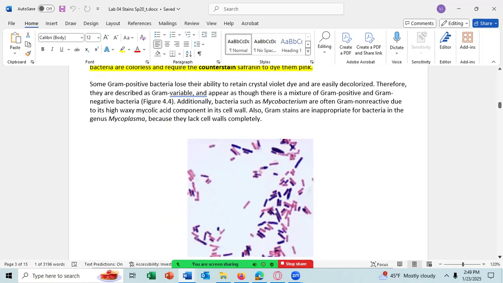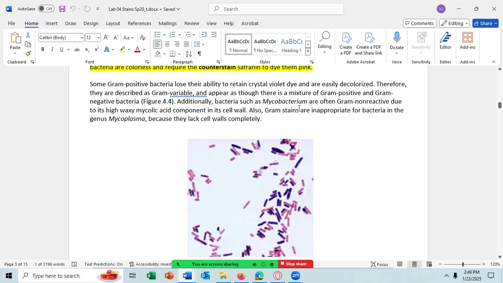All right, let me mention that some bacteria, like the mycobacterium, are not stained very well with the gram stain. The mycobacterium have mycolic acid in their cell wall, and mycolic acid does not allow water-soluble substances into the cell, and the gram stain is water-soluble.